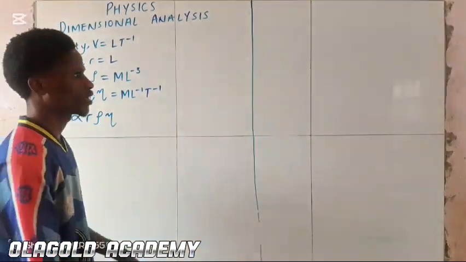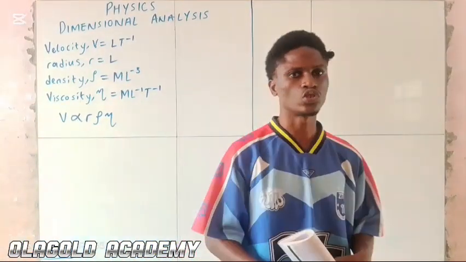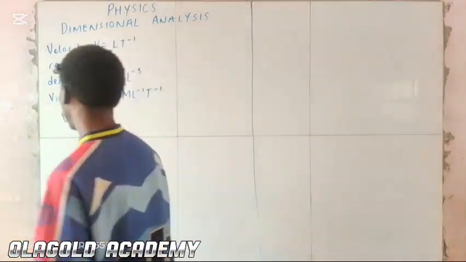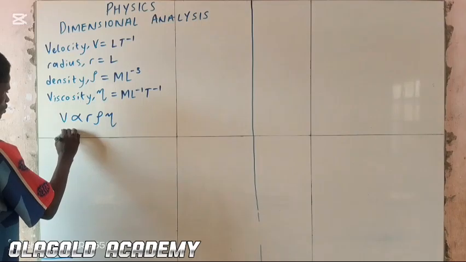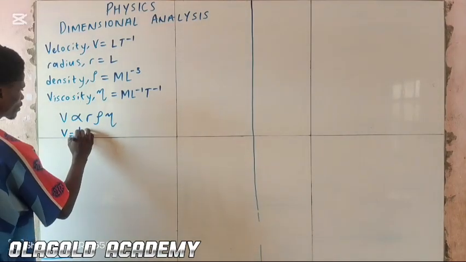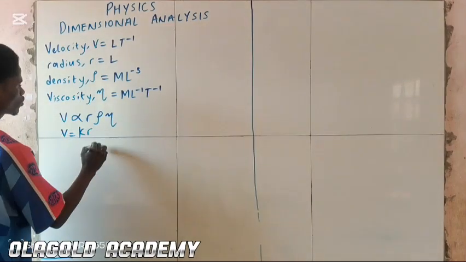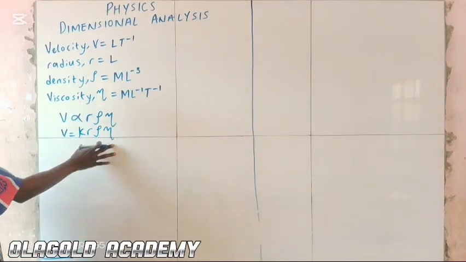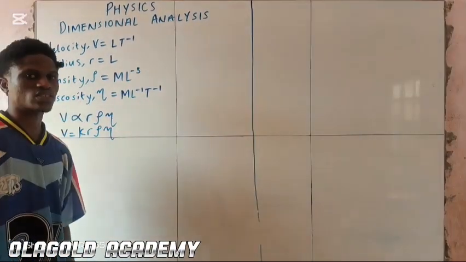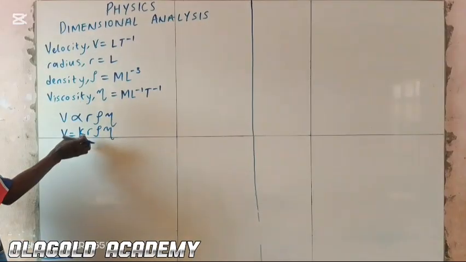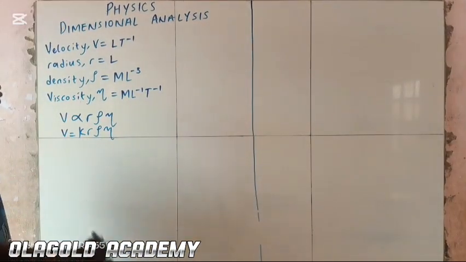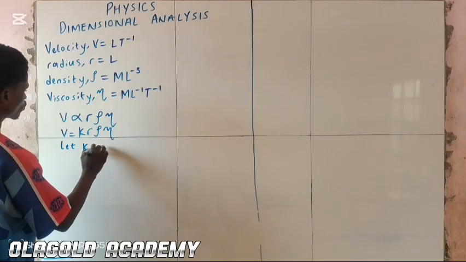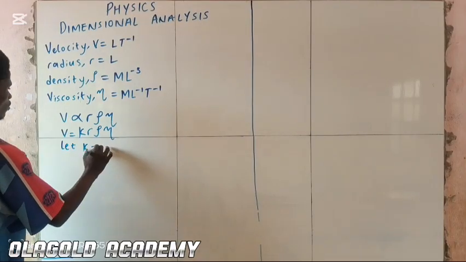So we have this. Our next step is to introduce a constant. So it becomes V equal to K times radius, density, and viscosity. Our next task is to make this K equal to 1. So let K be equal to 1.